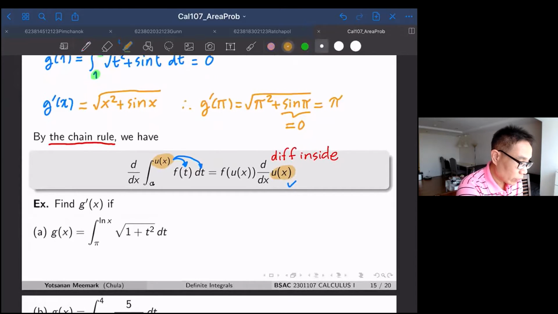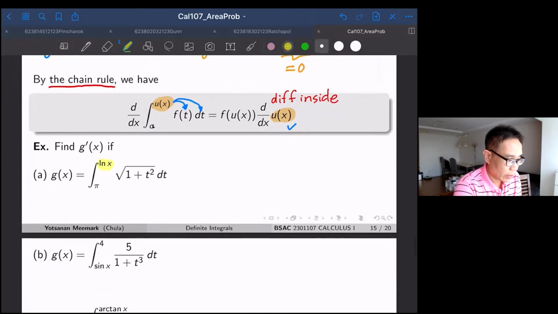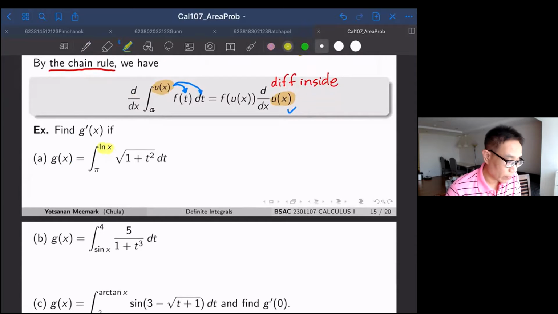For this example, you have g(x) equal to the integral from pi to log x of the square root of 1 plus t squared dt. You'd like to find g prime of x.